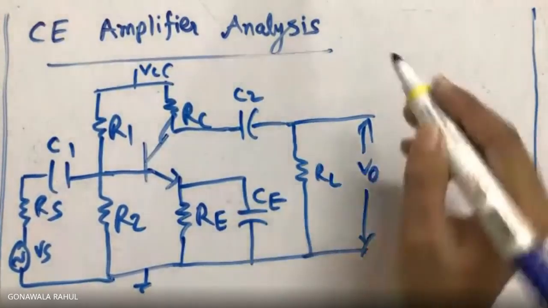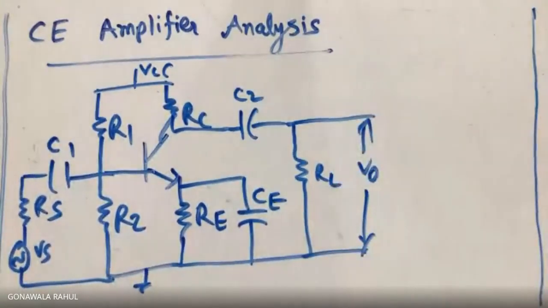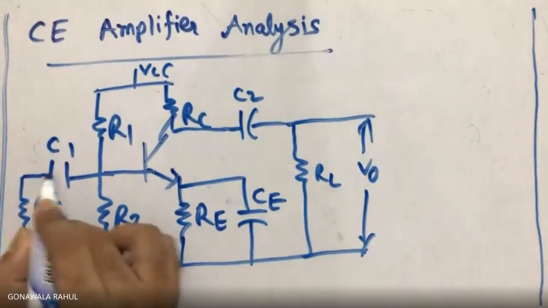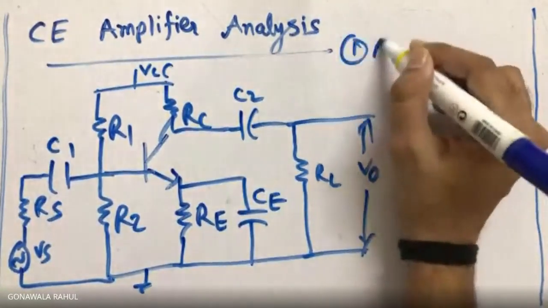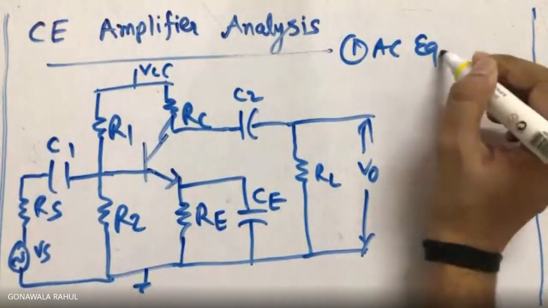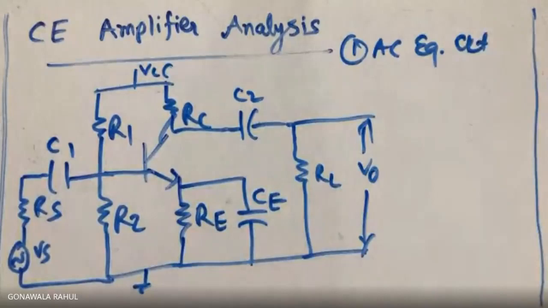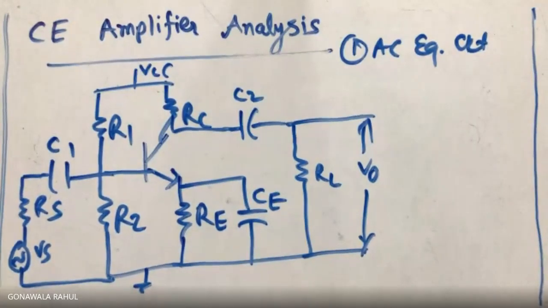Now we apply step number 1, which is to find the AC equivalent circuit. To find it, the first step is to short the DC sources, so DC sources are now grounded.